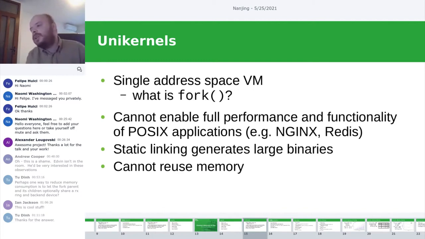And even if we switch to dynamic linking, as recent research made possible for unikernels, we still won't be able to reuse memory efficiently, such as text, read-only data, or data that is touched very rarely.